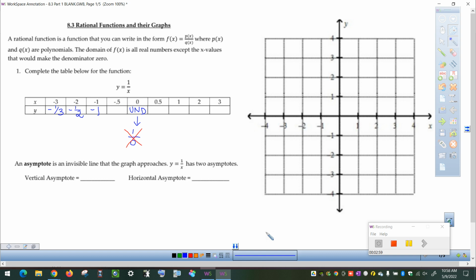Okay, now let's take a look at some of these positive values. We are going to do this positive 0.5. I want to use a little bit of space here at the top to write this out. If we think about what's going on with the numbers, this 1 divided by 0.5, I could rewrite horizontally with a more traditional division symbol.